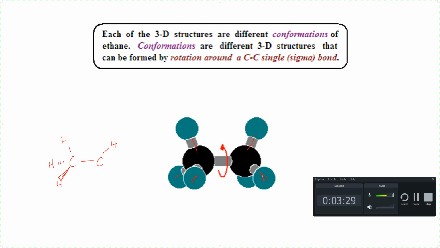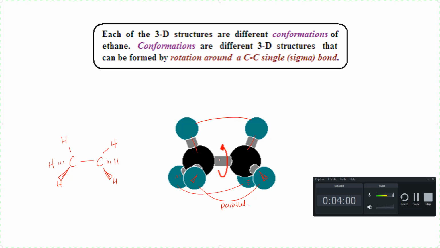This would be a bold wedge towards you, and this hydrogen in the back here would be on a dashed wedge away. All of these hydrogens are lined up so that they are parallel to each other: these two, and the two in the back. Those are all going to be parallel to each other.